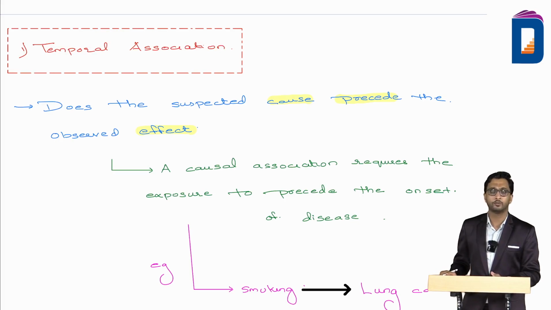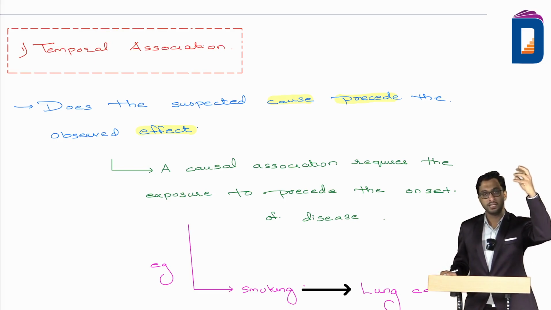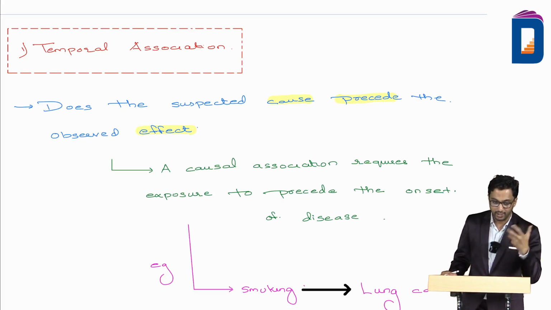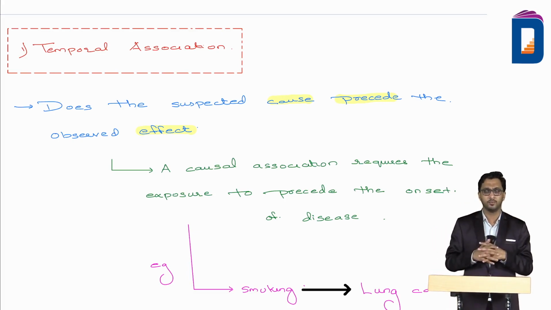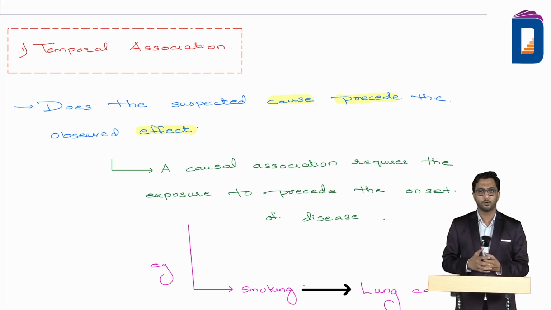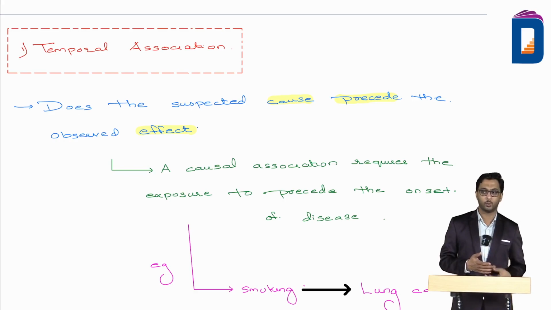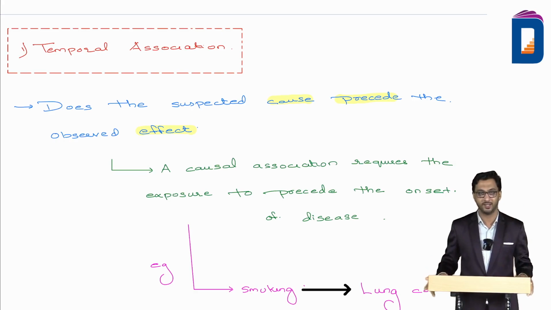They'll ask you, all of the following are types of associations except: spurious, indirect, direct, temporal. Temporal is not a type. That's a criterion. Now again, someone putting the question may really want to confuse you. All of the following are types of association except: direct, indirect, temporal, and, as simply an example, factorial association.